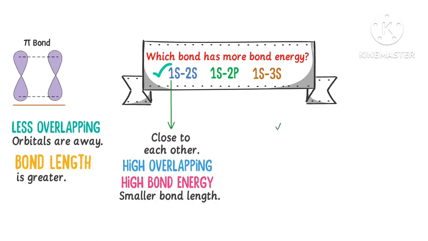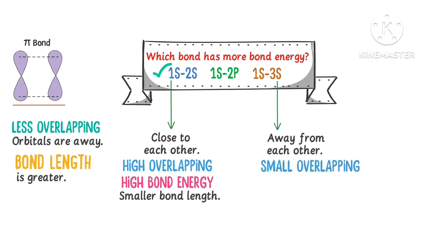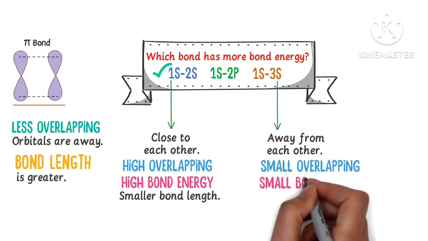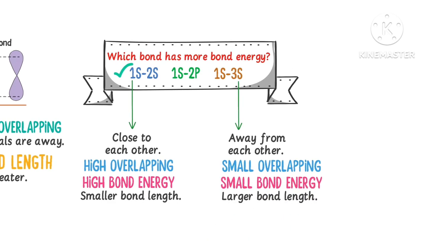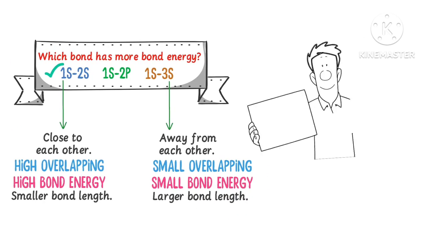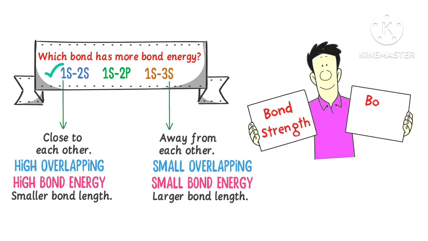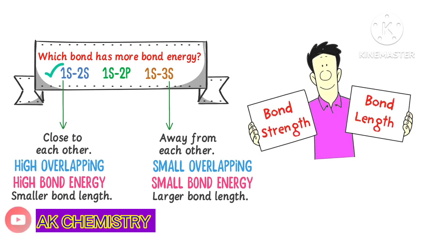While 1s3s are away from each other, so the extent of overlapping will be minimum and its bond energy will be smaller, but its bond length will be greater. Therefore, we study sigma and pi bonds because they teach us about bond strength, bond energy and bond length of any molecule.